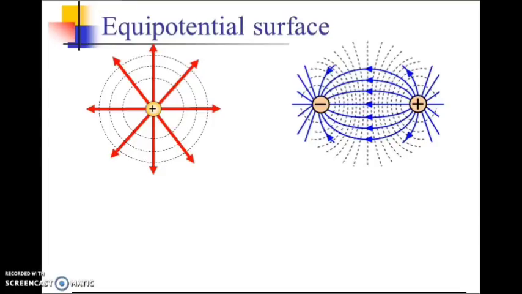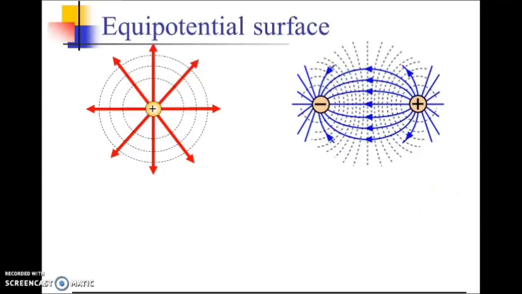Just as in the previous example, again, equipotential surfaces are perpendicular. Here it is a little more difficult to reconstruct, but if you just keep in mind the fact that at every point the equipotential surface is perpendicular to the electric field line, you can reproduce this kind of picture yourself.